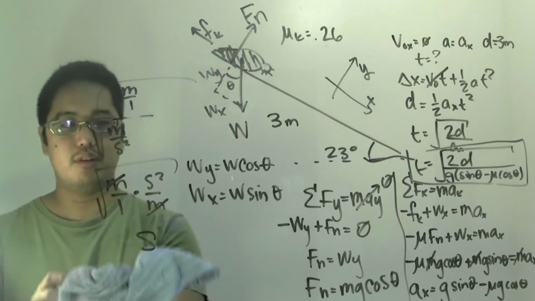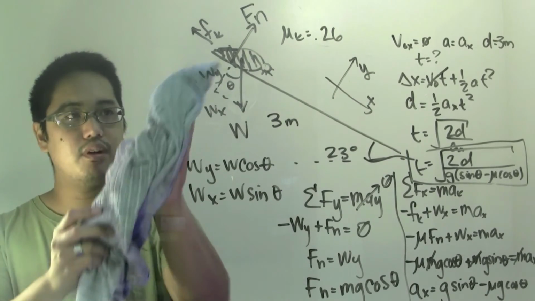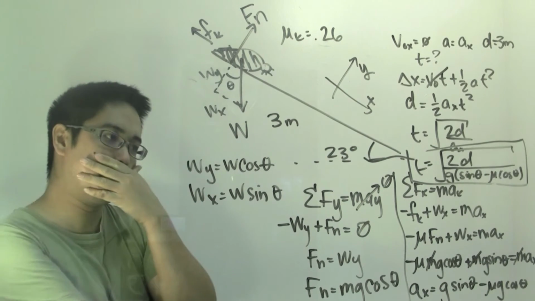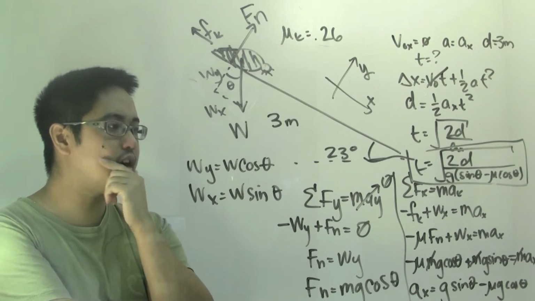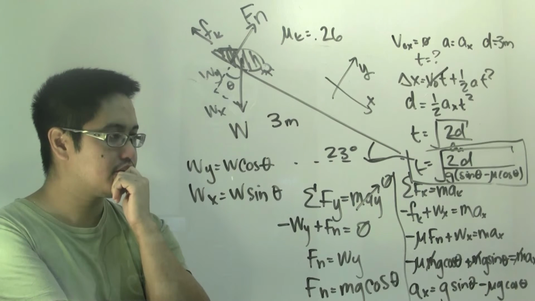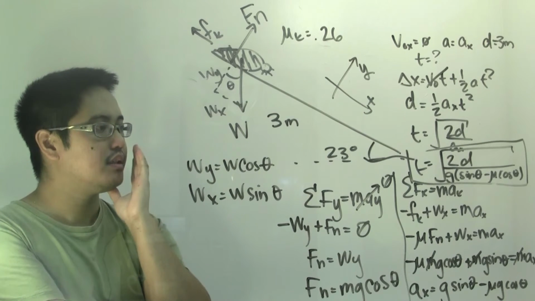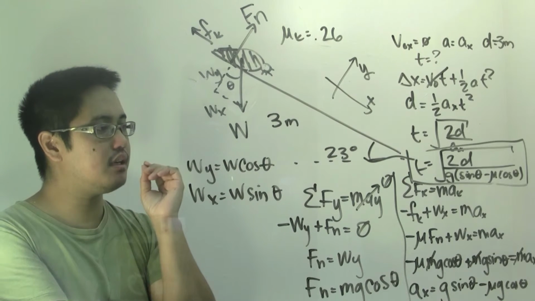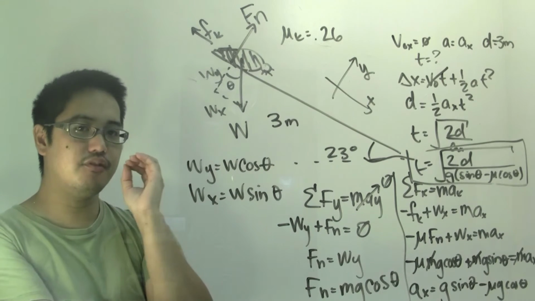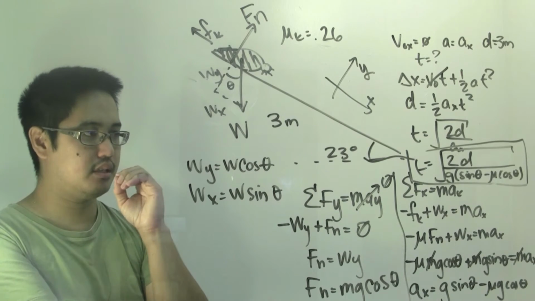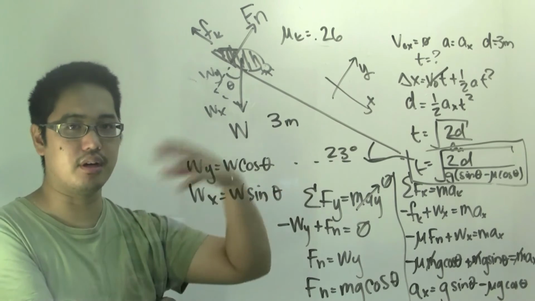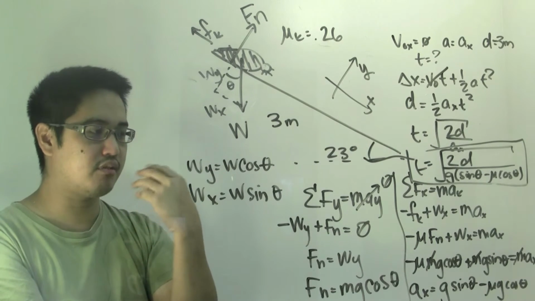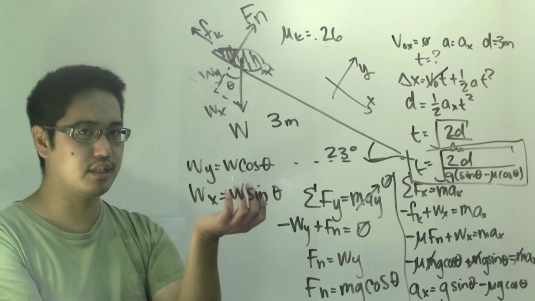I'm going to do one more thing with you guys with this equation, and I kind of want to see what your thoughts are. If g got really big, what would happen to this overall number? If I increased g by a factor of 2, what would happen to this thing?